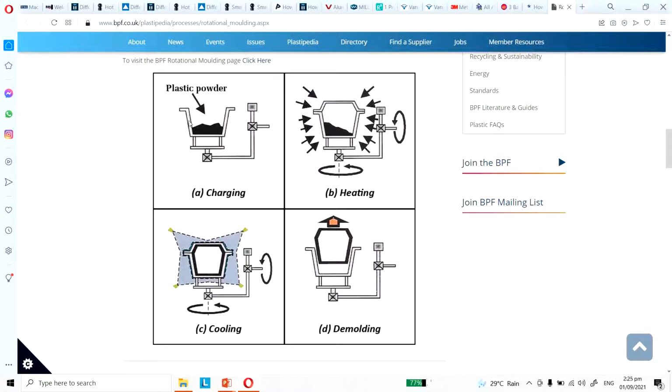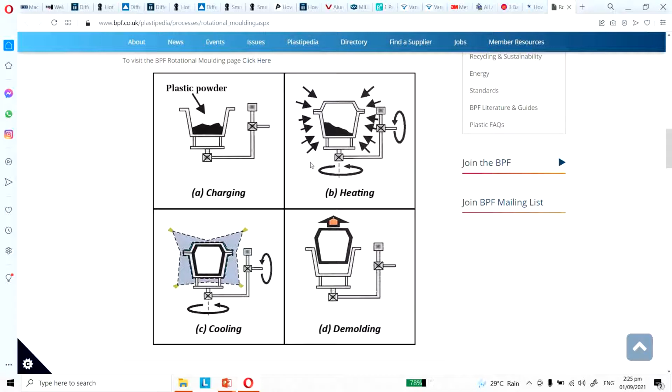So here is the container, and the first step is to put plastic pellets or plastic powders into that container. And then after that, the container is closed and it's being heated. Once it is heated, the powder will soften.